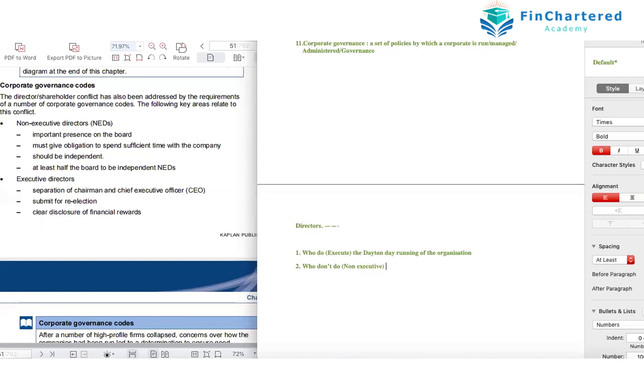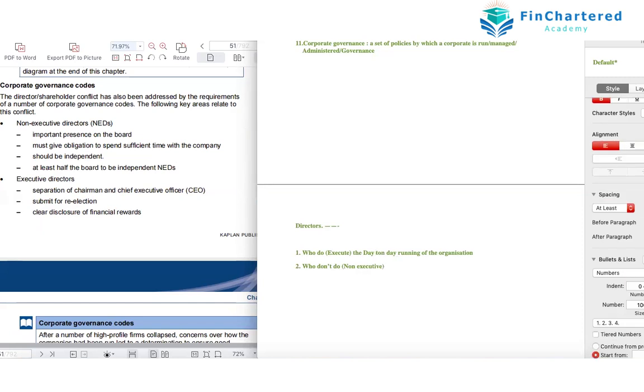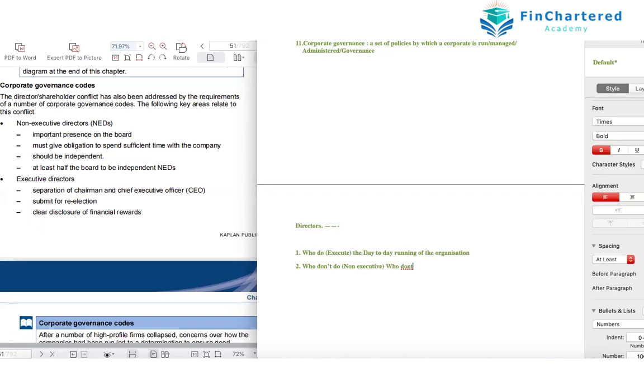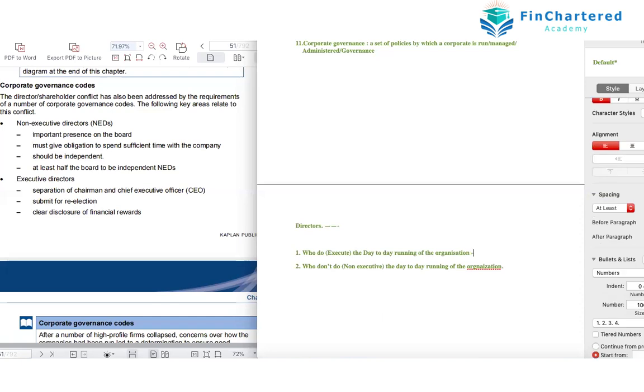Execute this means do this. Those directors who don't do the day-to-day running of the organization. Those who do are the executive directors. And those who don't do are the non-executive directors.